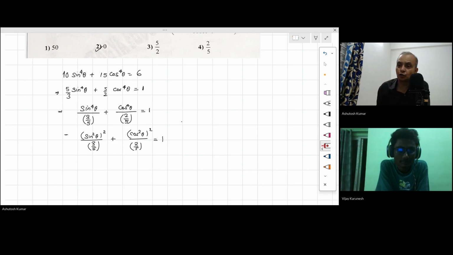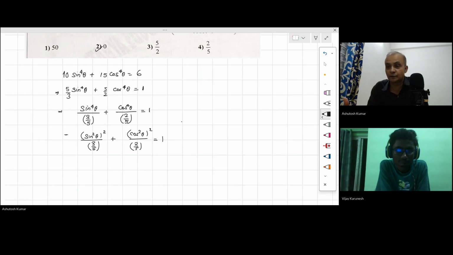Because there are 2 times 3 by 5 on the top, one 3 by 5 will get cancelled, and here 2 times 2 by 5 on the top, so one 2 by 5 will cancel. Again the sum becomes 1. But why is it happening? There is a hidden thing inside it. So we can immediately identify that sine square theta is 3 by 5 and cos square theta is 2 by 5. But is it actually a fluke or a general concept?